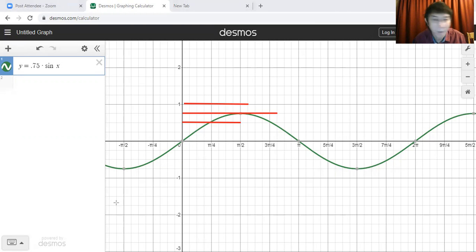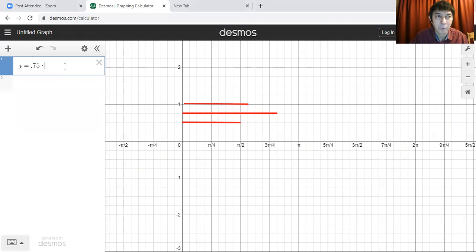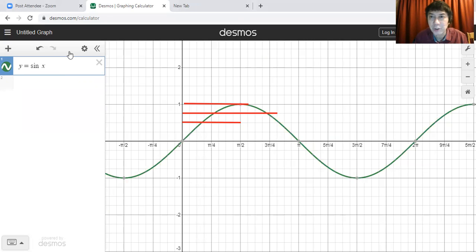All right, so let us discuss now the period. Let's go back to the original equation, which is sine x. Let's concentrate on the number beside the x.